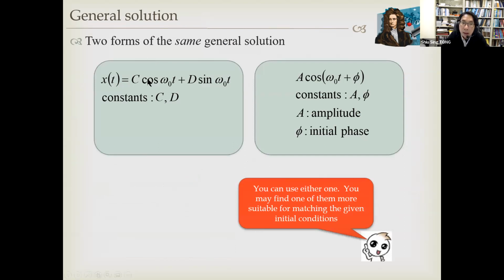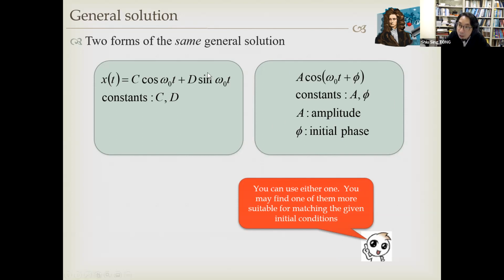The first form is a combination of a cosine and sine, and the undetermined constants are C and D. These are the constants to be determined by the initial condition. But there's also another way to write this solution. Instead of writing it in terms of C and D, we can express it in terms of the amplitude of the oscillation and the initial phase. They both represent the same solution.